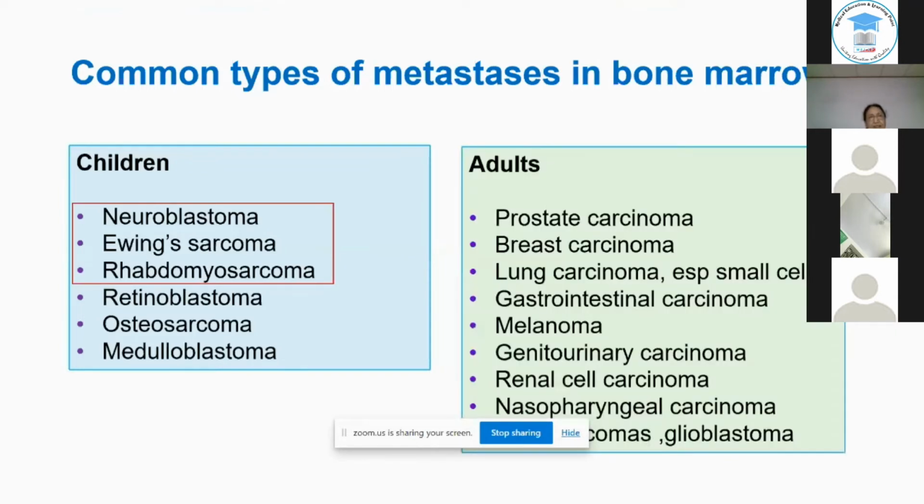In adults, prostatic carcinoma, breast, lung, especially small cell carcinoma, and GI carcinoma are the common ones, and sometimes there may be secondaries from melanoma, renal cell carcinoma, and very rarely from nasopharyngeal carcinoma, sarcomas, and glioblastomas.